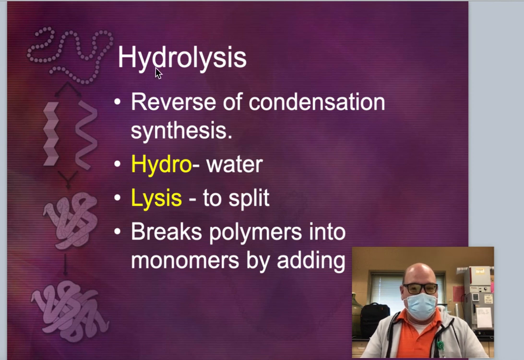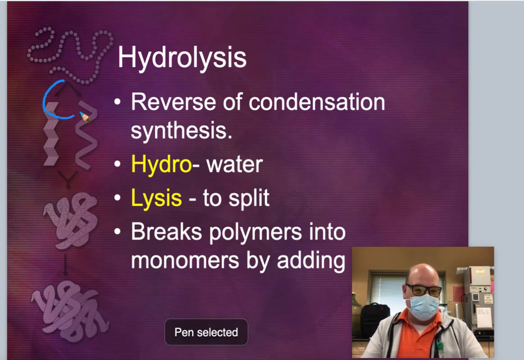The next one is hydrolysis, and this one puts water in and splits it. So when cells lyse, they break open. So this word literally means water break. Okay, so water break is what we're going to talk about here. This is the reverse of a condensation reaction. So we have two joined monomers.